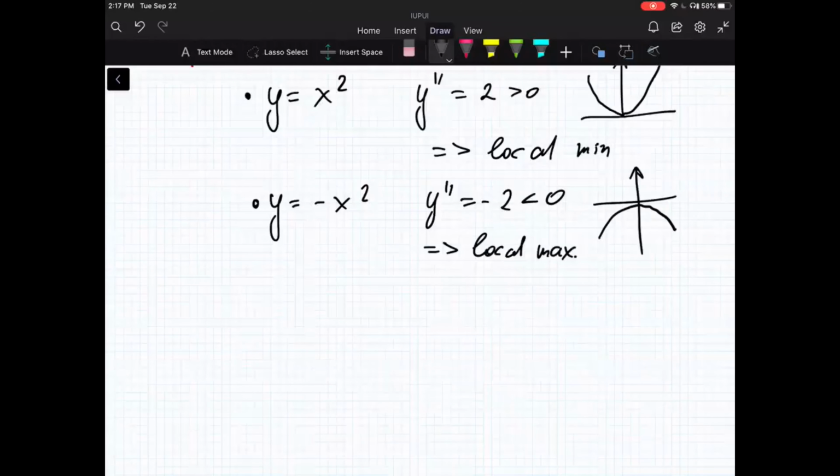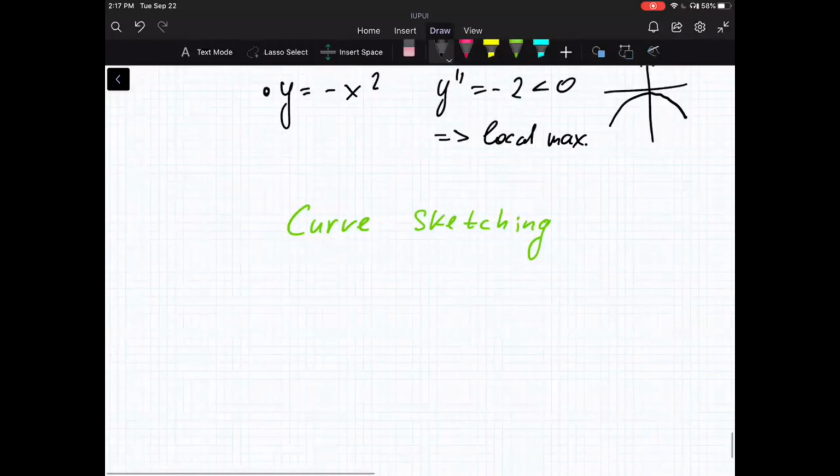Okay, and what I want to say. Yes, so let's now discuss curve sketching, because now we have all the tools that we need, in fact. Curve sketching. And this will be kind of an algorithm.